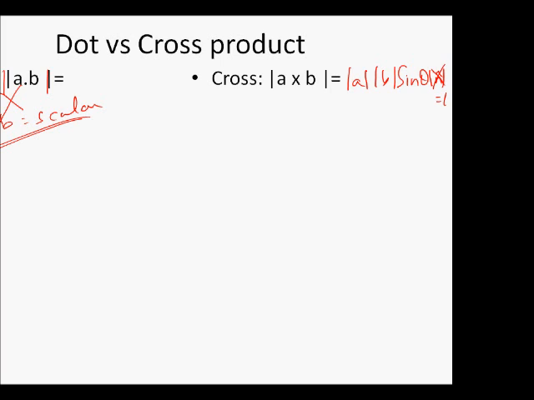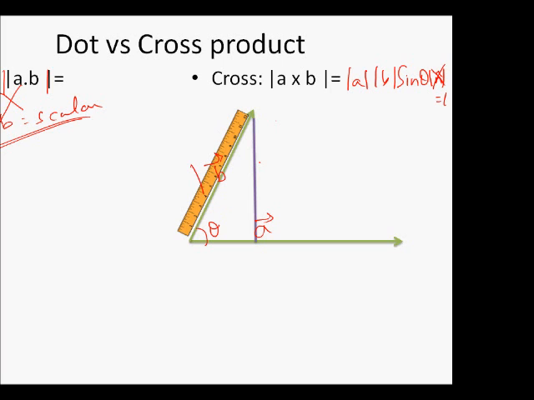So what does it mean geometrically? If you have two vectors A and B here, and if I draw the perpendicular, and the angle between them is theta degrees, you can see that this would be modulus B, and this would be modulus B sine theta, right?